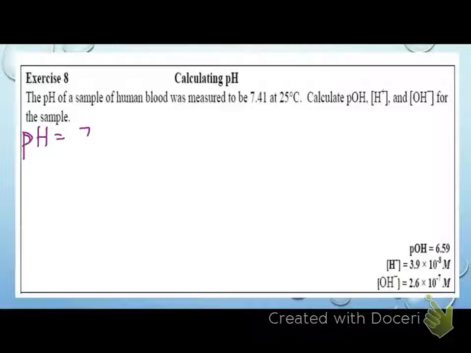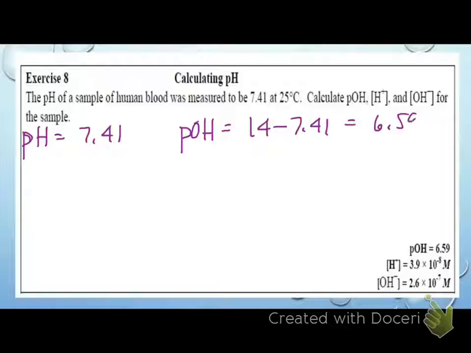of 7.41. So very quickly I can do a pOH of 14 minus 7.41 is 6.59. Now in order to get my hydrogen concentration, I can do 10 raised to the negative 7.41, which is antilog.